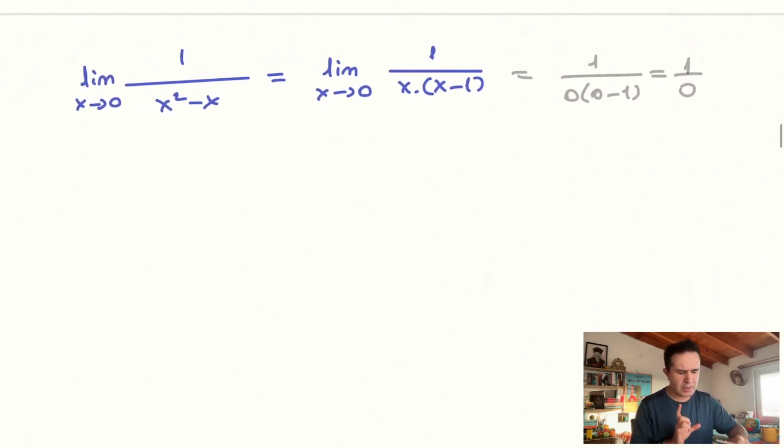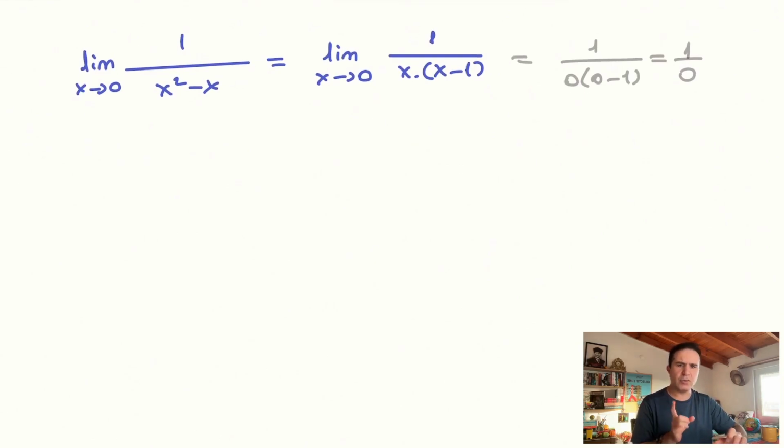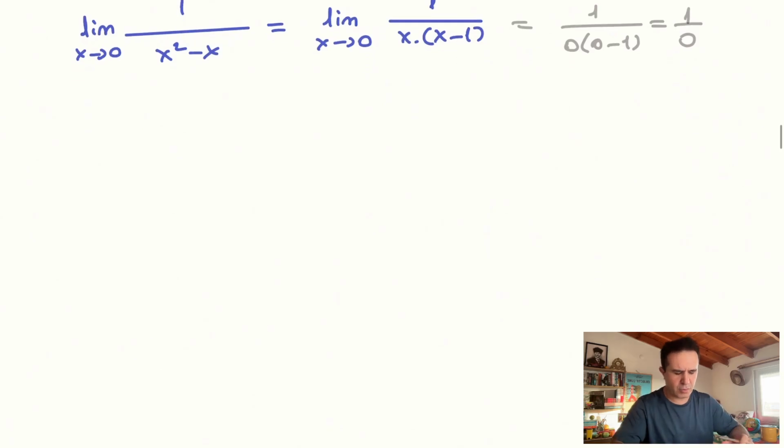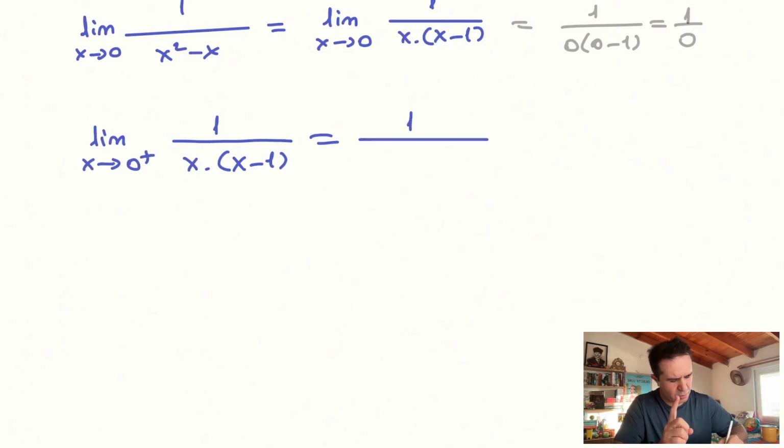Since we can't use direct substitution, we will use one-sided limits. Limit as x goes to 0 from the right hand side of 1 over x times (x minus 1) will be 1 over 0 plus times (0 plus minus 1).